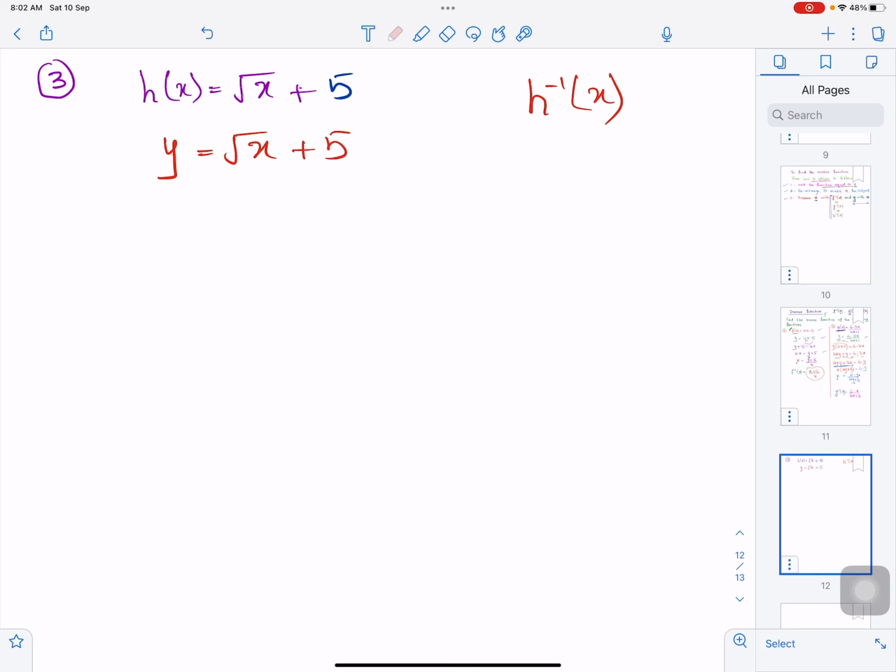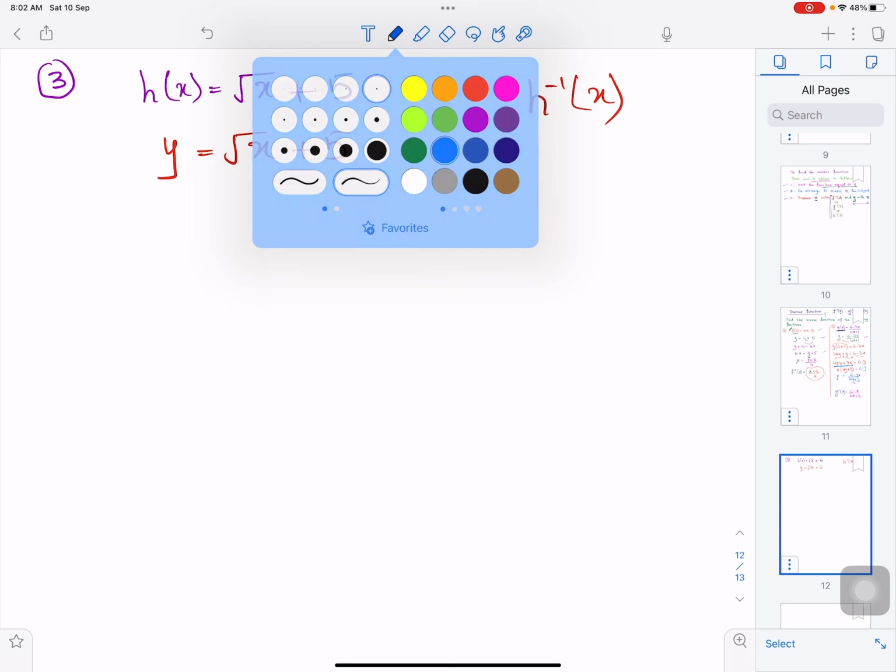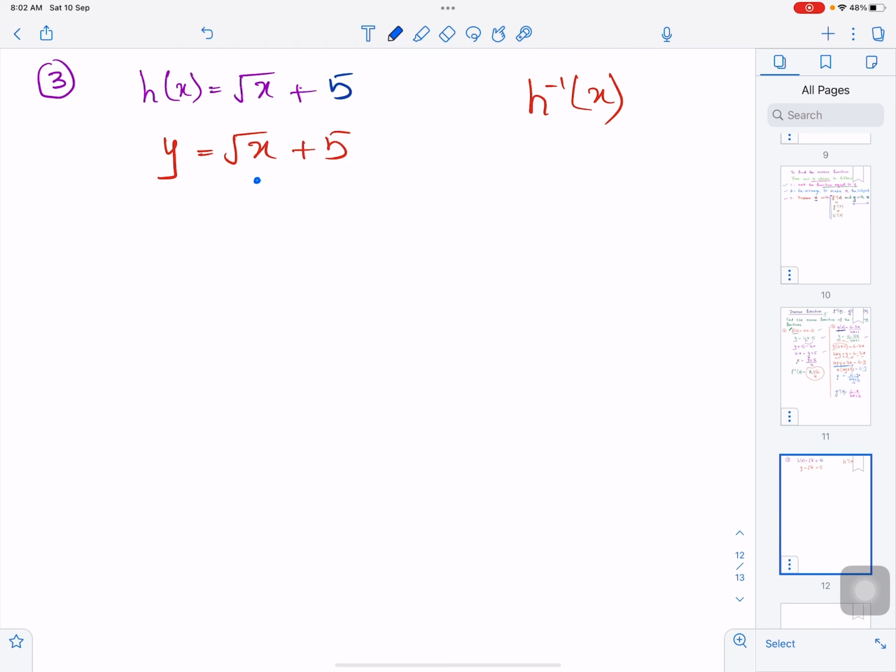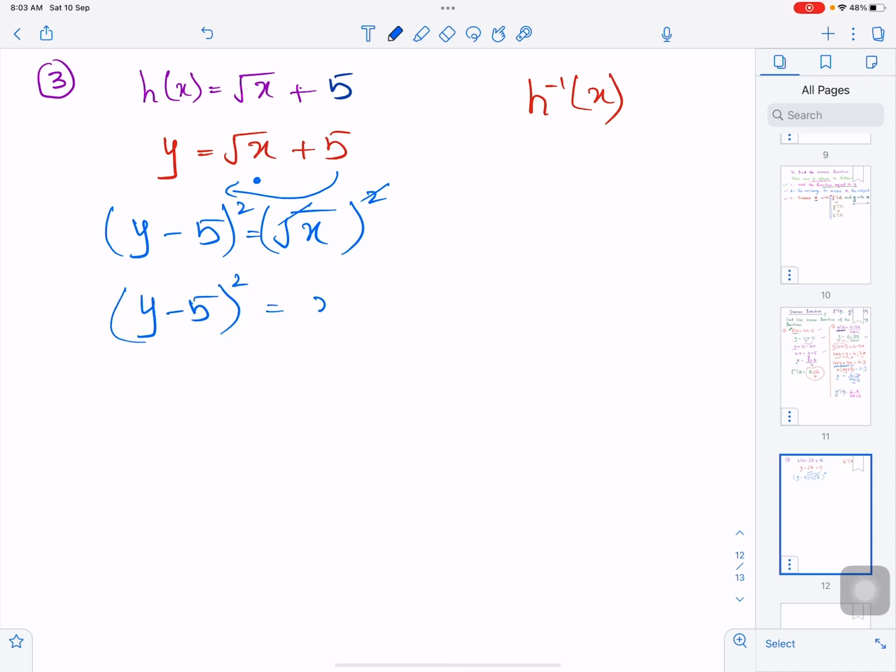Second step is make x a subject. x is present here, so I take 5 to this side. And I need to get rid of this square root because x is inside it. So what did I tell you to do? You will square both sides.